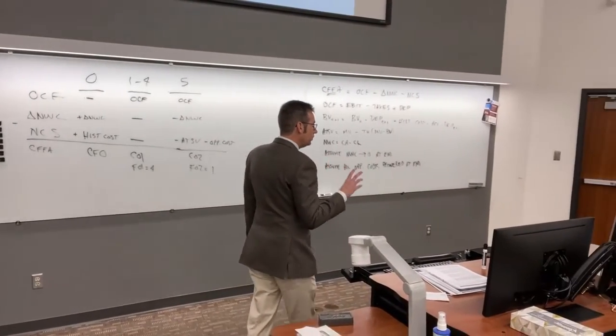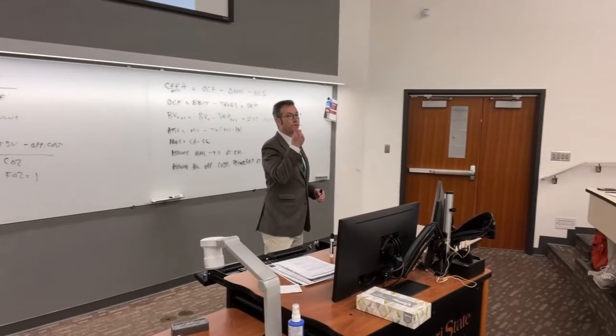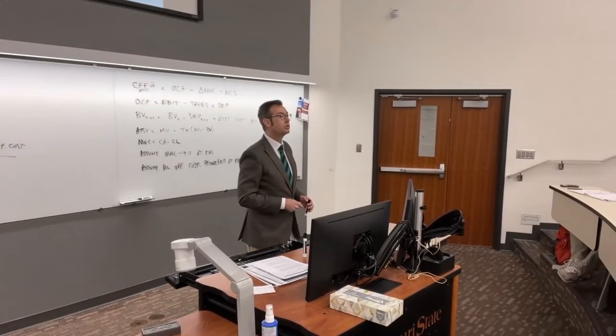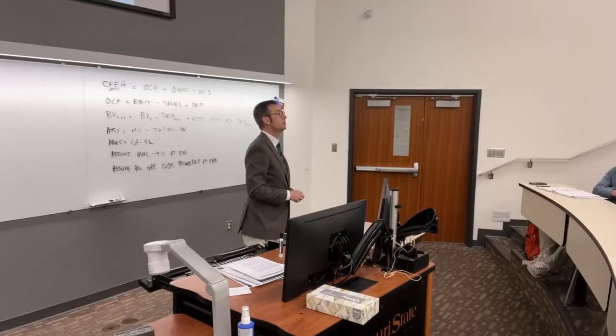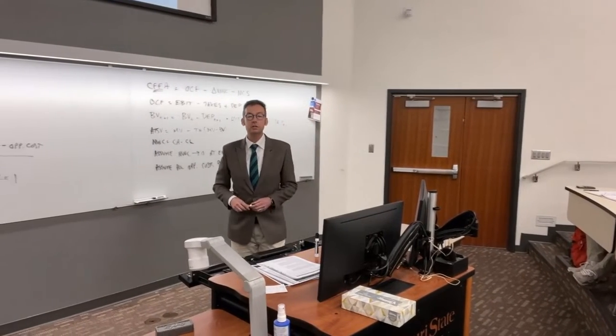So, here's what's going on. There are two ways to look at any project, for the rate and for the cash flow. You can look at it in nominal terms, or you can look at it in real terms.